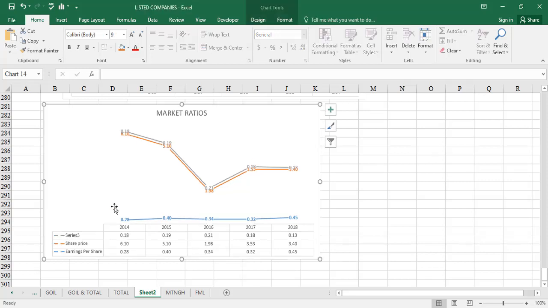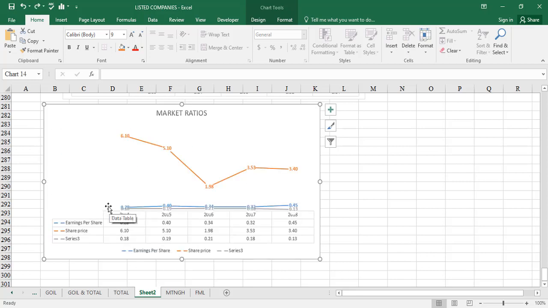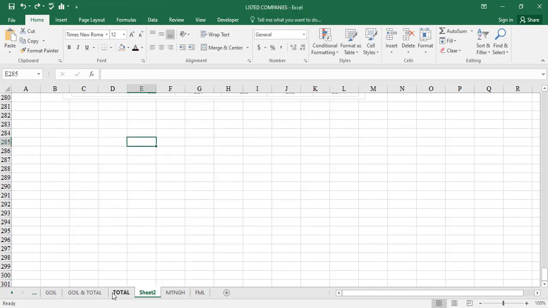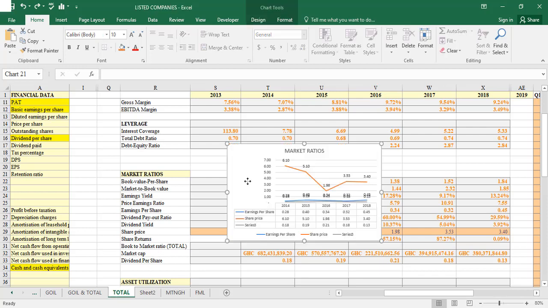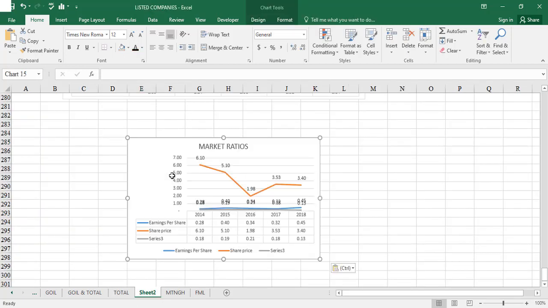So for what we are seeing here, oh, I have to change the series names so that it will be visible enough for us to see. I did that. So let's go back and then paste it here. Let's see.